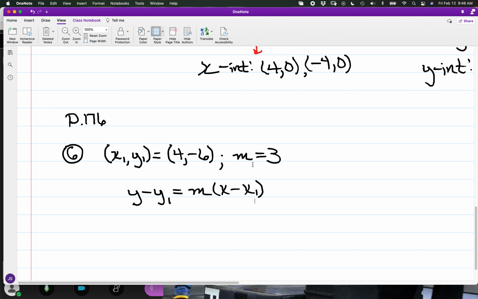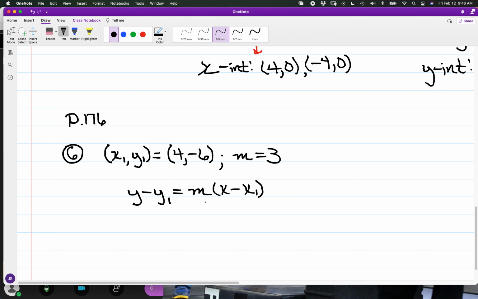So we have all the tools necessary to go ahead and substitute. So we have here y minus -6 is equal to the slope m, which we have at 3, times the quantity x minus 4.